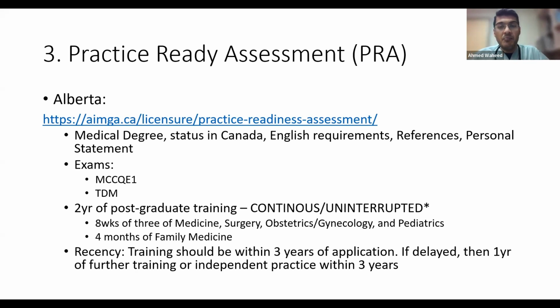Now, many people break down the family medicine training over 2 years. They don't accept it. They want it to be continuous, non-stop, 24 months. Okay, now the next thing, which is unique, is that a person should have this training within 3 years of the application. If for some reason the person has been delayed for the application, then sometimes they say that okay, now we want the license of practice.